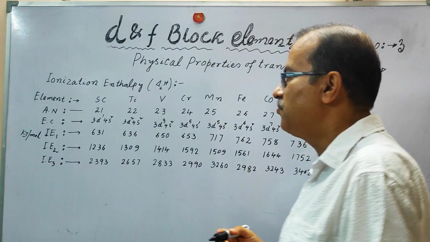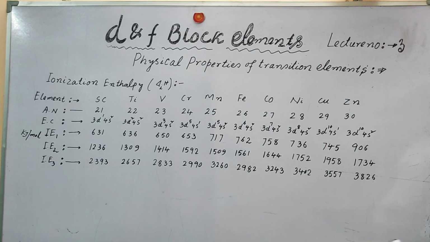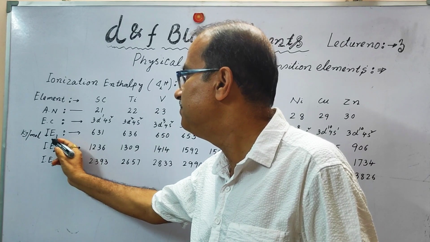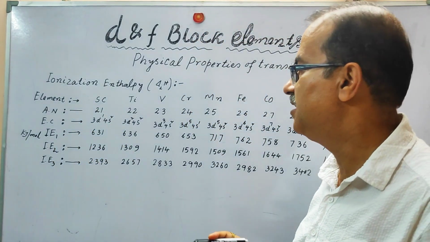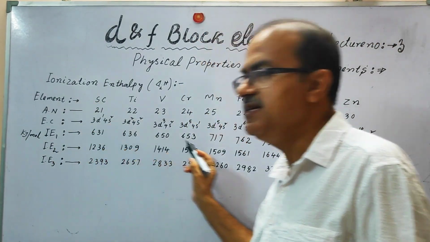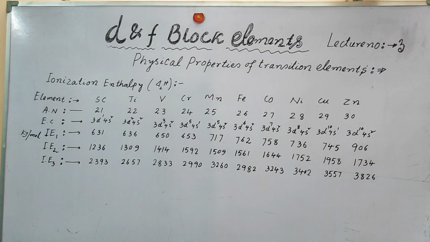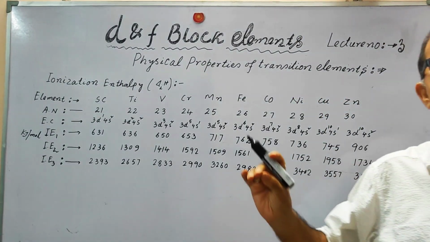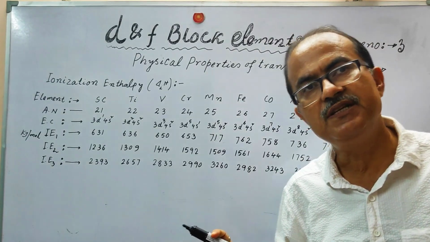It is how much energy is required to remove one electron from the neutral atom, that is the first ionization enthalpy. So in this case you can see that there is a continuous increase of the ionization enthalpy as we go from the left hand side of the series to the right hand side.